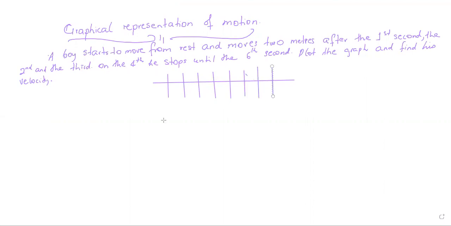And that being the case, you will have the time here. The time will be here. Change in motion will be here. The time is in seconds. This in meters. So what you have.